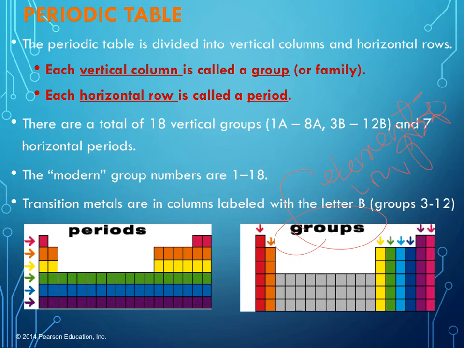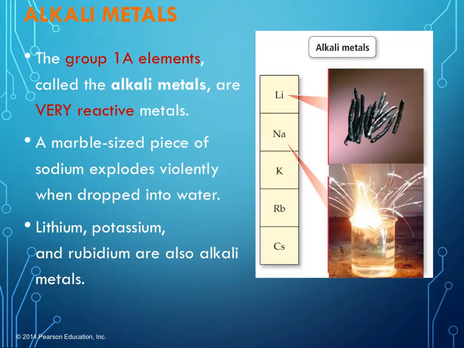Elements in the same group have similar properties. Okay, and that was the whole idea in development of the periodic table. That was how the periodic table got the shape that it has, when we realized that certain elements have similar properties. I'm going to mention 3 or 4 of the more important groups that chemists work with very frequently.